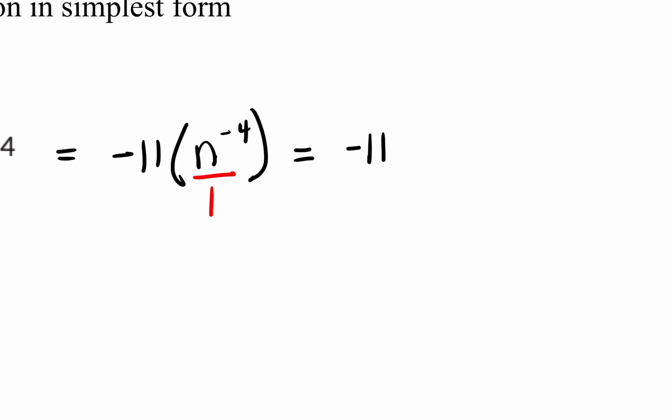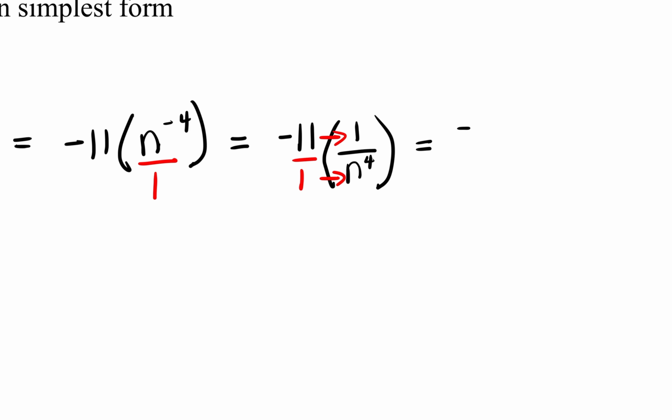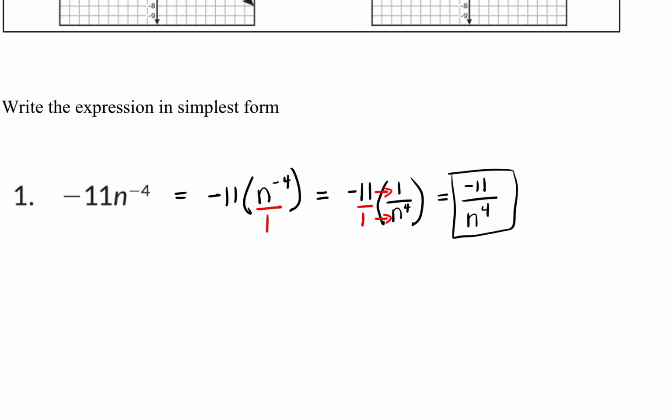So you have -11 times 1 over n to the 4th. We don't write 1 in math because when you multiply fractions, you multiply across. Let me show you more of a visual. So then you have -11 over n to the 4th. Can you just put it on the bottom? Absolutely. It's just more to give you a visual.